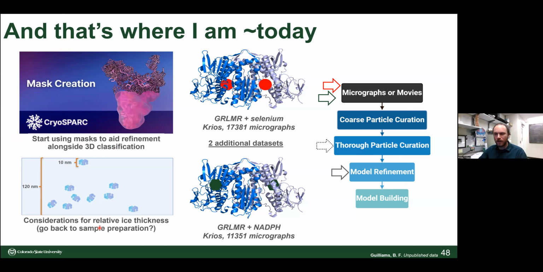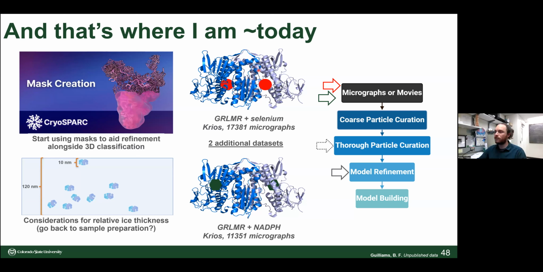Another consideration, hopefully it isn't a problem, is that my ice was relatively thick compared to my protein. I think there's a way you can see in the FSC curve whether or not you're actually reaching that limitation, but I'm keeping this in the back of my mind, not counting my chickens yet, right?